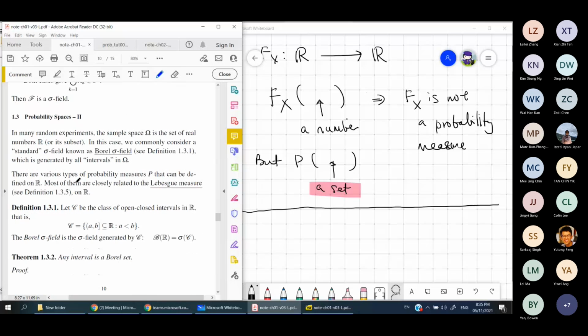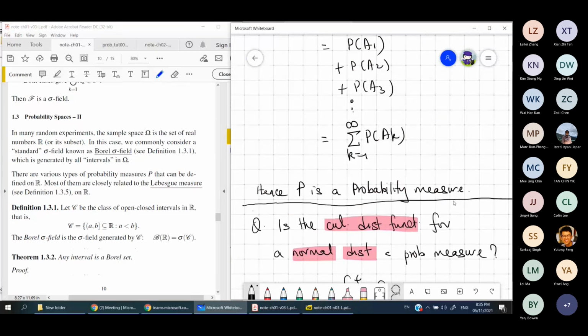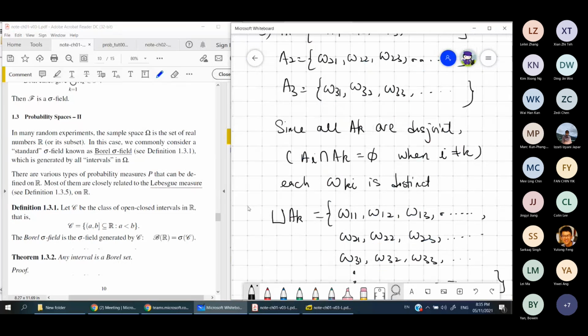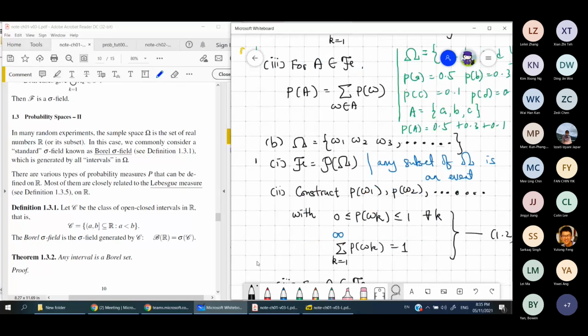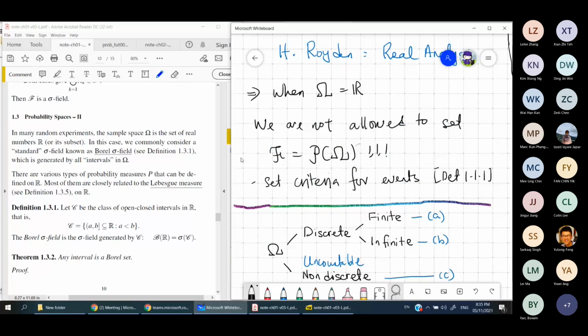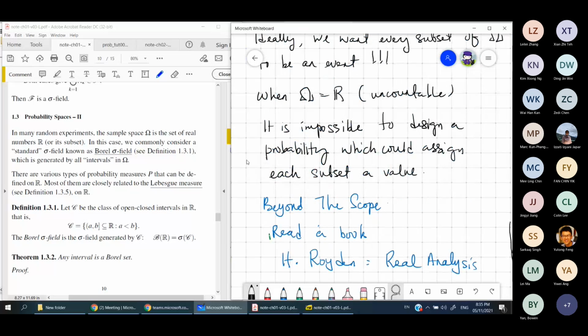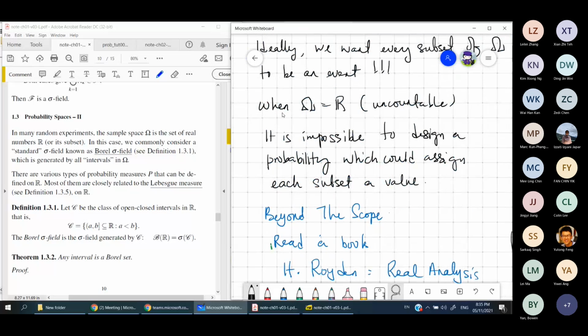Now let's proceed to this. Oh, where is it? Wow, very far away from here. Okay, I think this is the one. So come back to this again. When Ω is R, it is impossible to assign a probability to each subset.